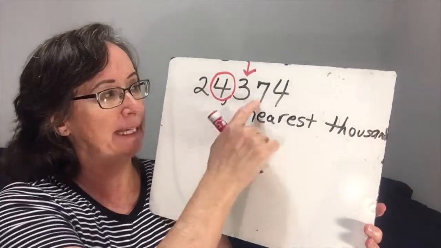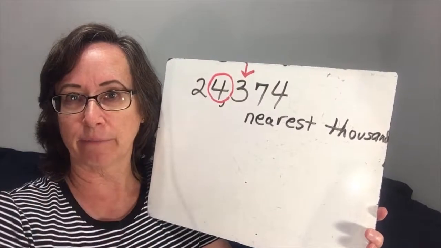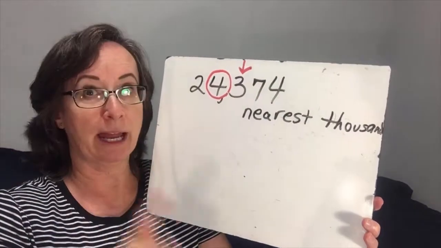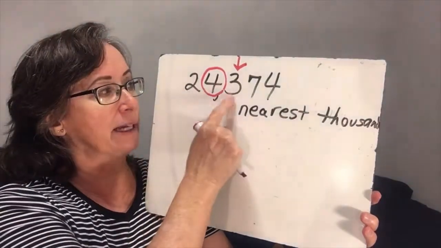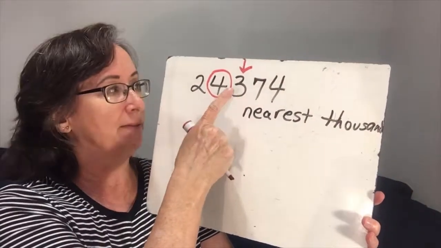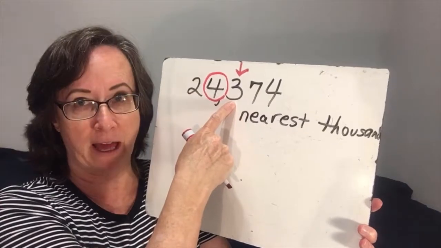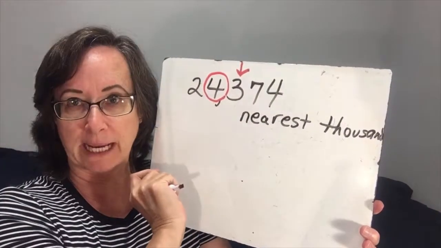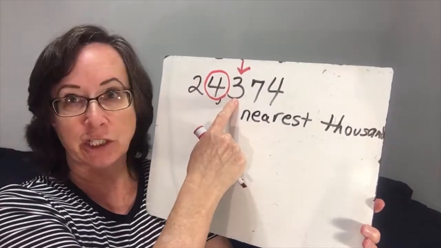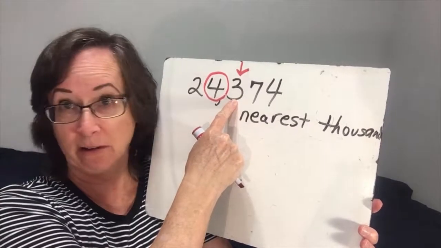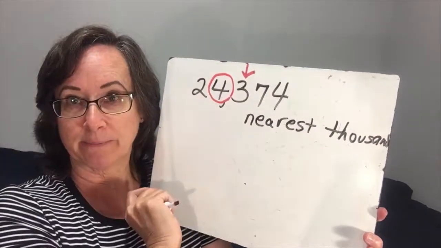So now I'm not paying any attention to those guys. They're not really even playing the game. So now, remember my rules, I look at the arrow spot. And if the digit that's there is less than 5, then my circle number stays the same. If that digit is greater than or equal to 5, which it's not, I would move that up 1.